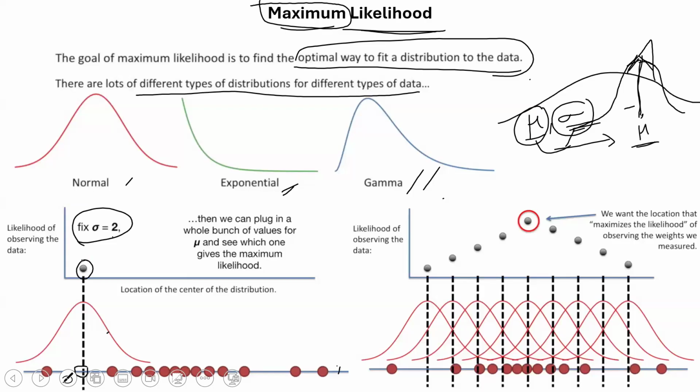Now I am shifting the mean to different values on this weight axis. I keep moving the distribution to the right side. When the mean is here, this is the distribution. When the mean is here, this is the distribution.